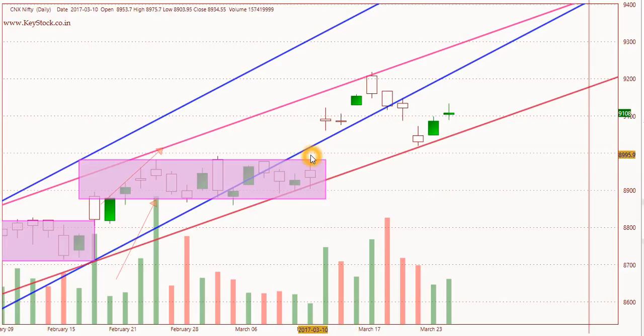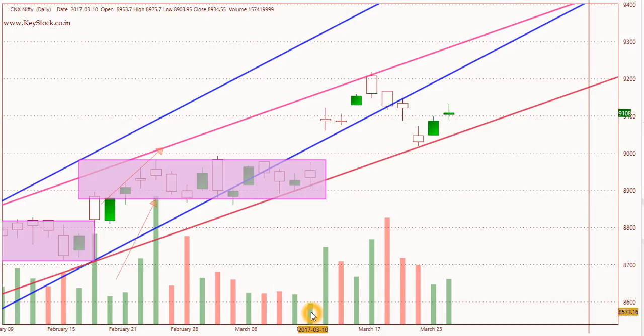On Friday before the election results were announced, we had a no demand bar. Here you can see the close is nearly at 50% of the spread, and here the volumes were the lowest for a long time.